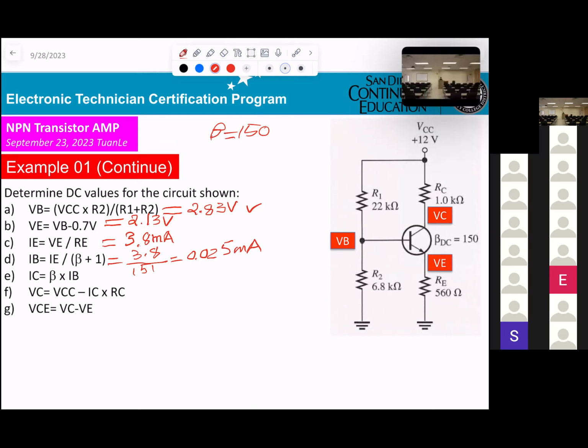And IC: 150 times 0.025, you get 3.775 milliamp.